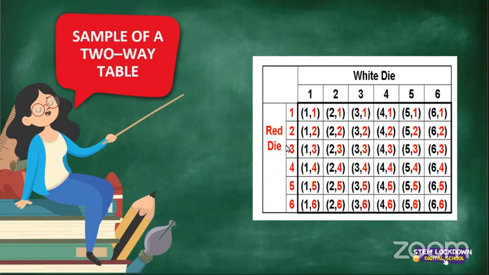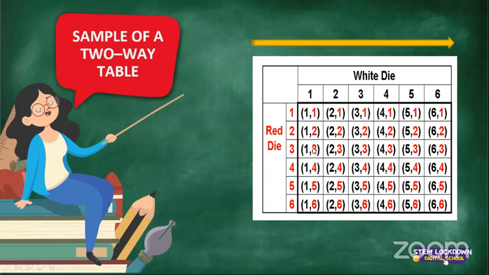There we go, 6. Okay, so as you can see over here, we have the white die, and it is 1, 2, 3, 4, 5, and 6. And then on this side, we have the red die, and we have 1, 2, 3, 4, 5, and 6.